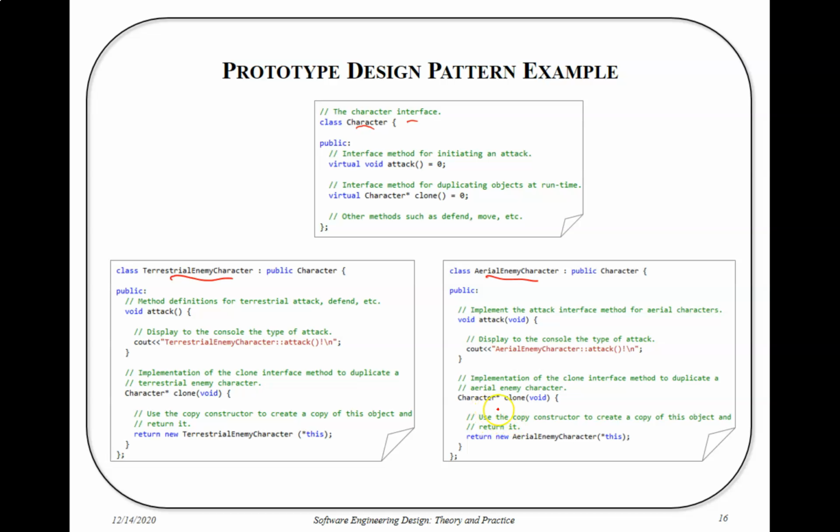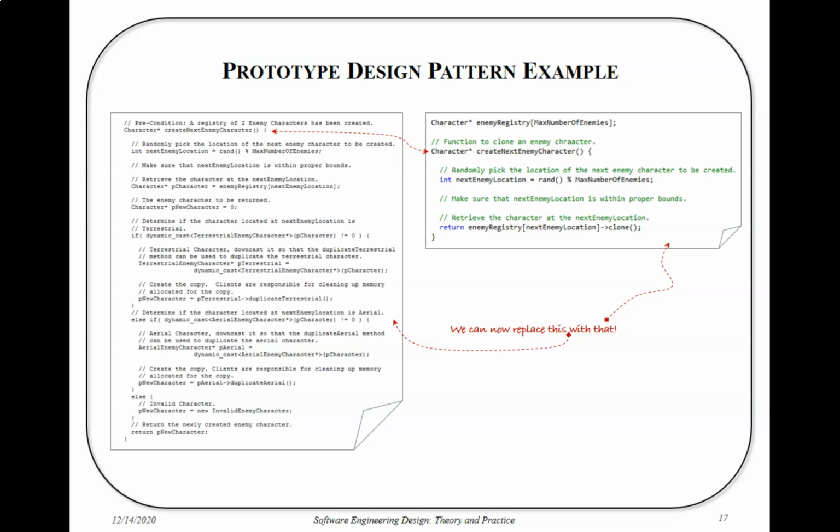So we have a character clone here. The clone will return the character, return new aerial enemy character, and return new terrestrial enemy character. So we are done with the character and the different types of enemy character implementation.